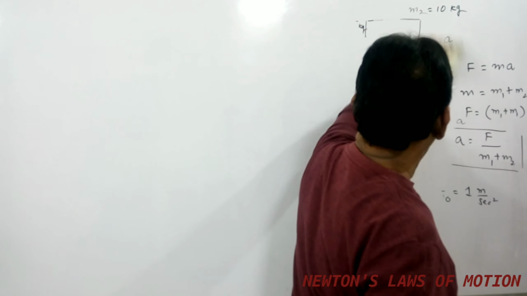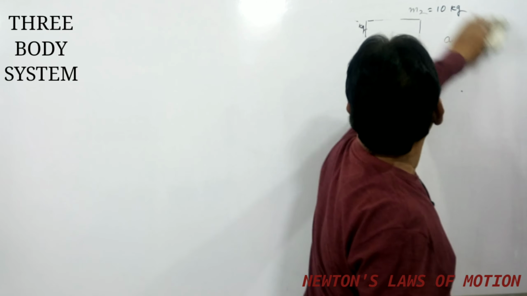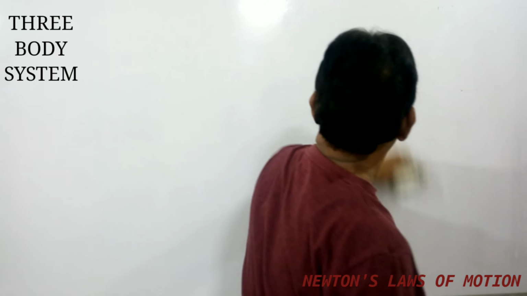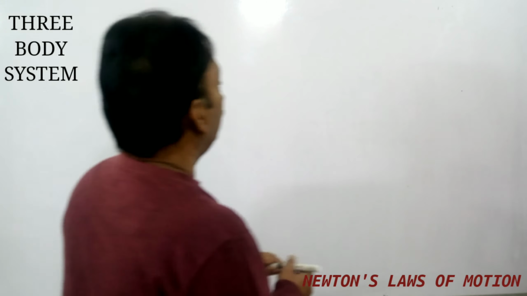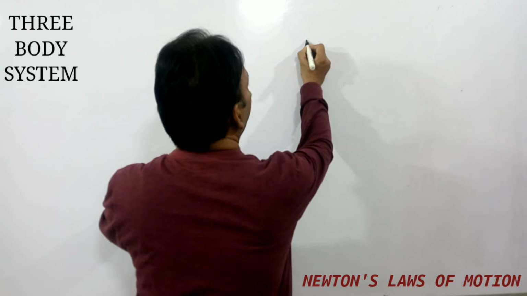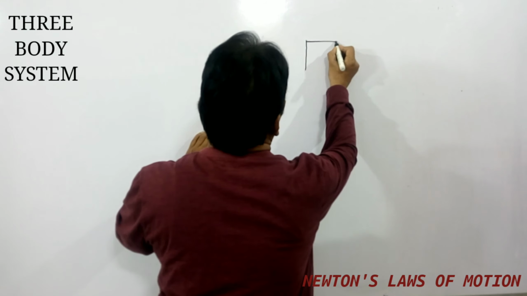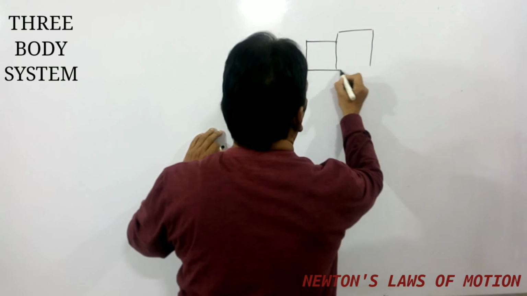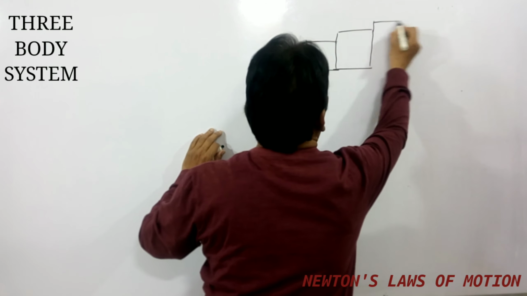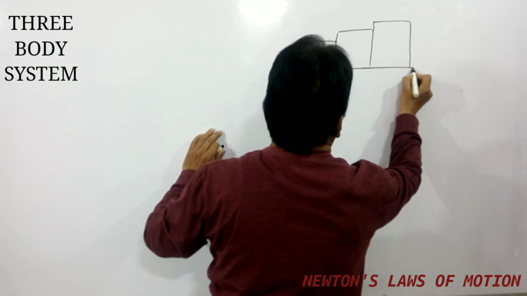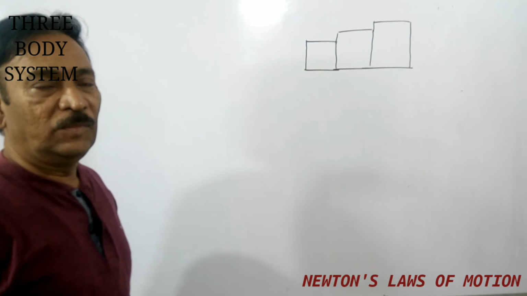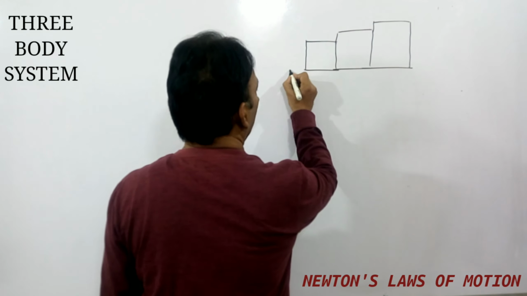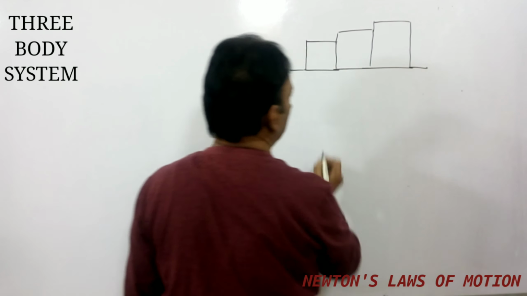This time we are taking a 3-body system. Let's say it is the first body, and it is in contact with the second body, and we have one more, the third body. The 3 have been connected and kept on a smooth surface.